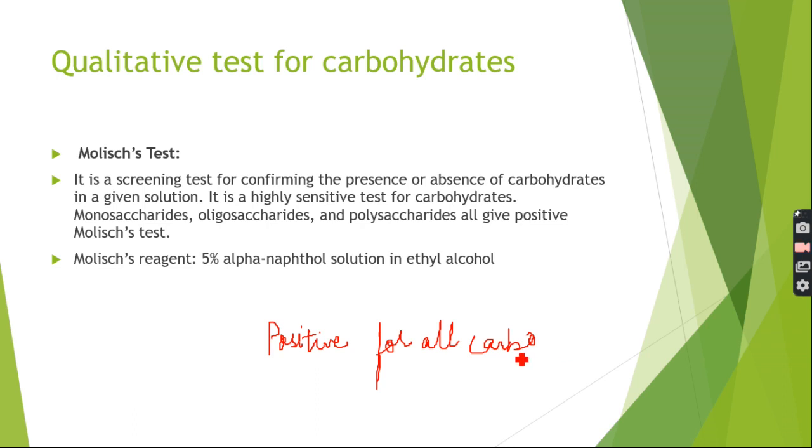Okay, so you can see over here, this is the Molisch reagent, 5% alpha naphthol solution in ethyl alcohol, and basically you take the test solution and you add Molisch reagent to it, and from the side of the test tube you put concentrated sulfuric acid. Appearance of a purple colored ring at the junction of the two liquids indicates a positive Molisch test. Okay, it is expected that all carbohydrates, whether mono, di, oligo or poly, is going to give a positive test for Molisch.